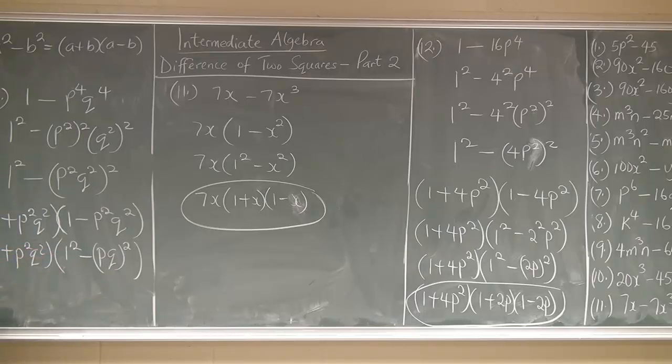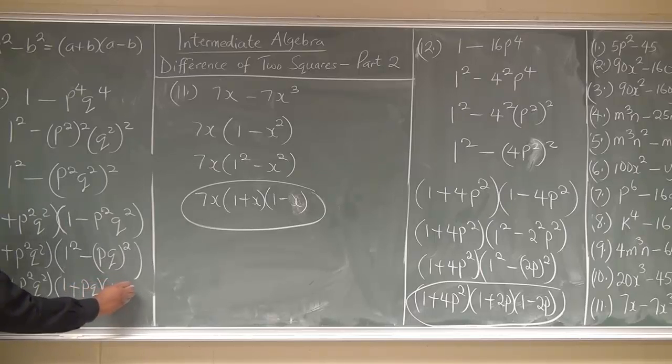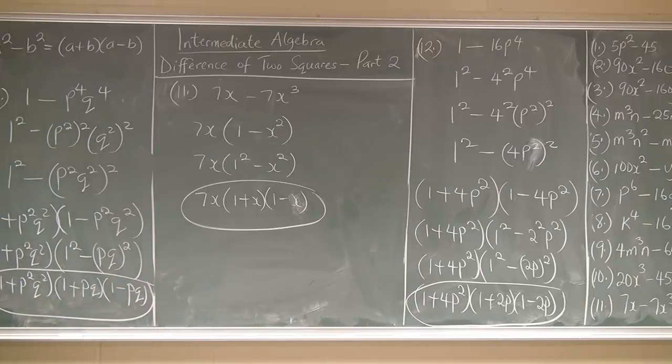So this will be 1 plus p squared q squared. Then here your A becomes 1 and your B becomes pq. So this will be 1 plus pq times 1 minus pq. And this becomes your answer. See that?